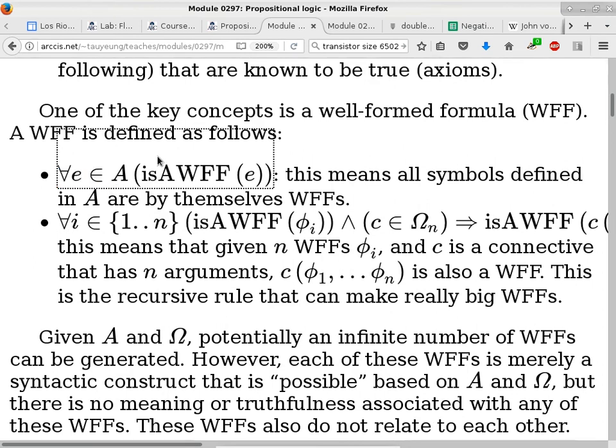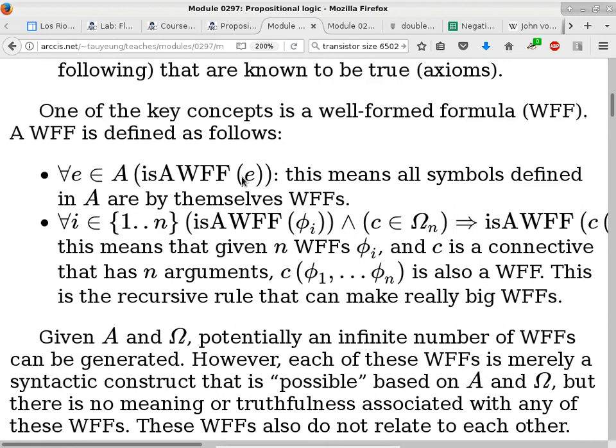We want to define a particular predicate, which is a well-formed formula. If this predicate is true, it means whatever is in the parentheses is in fact a well-formed formula. If it is false, then whatever is in parentheses is not a well-formed formula. So the first one is an assertion. This is an assertion saying that if you pick any element in alpha, that thing by itself is well-formed.